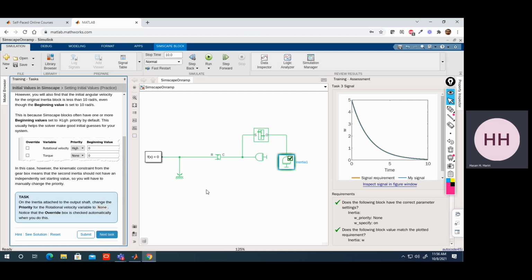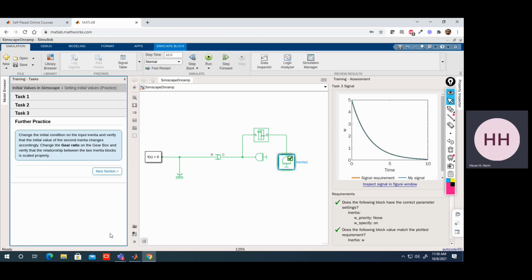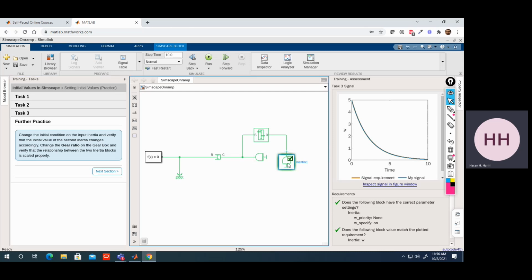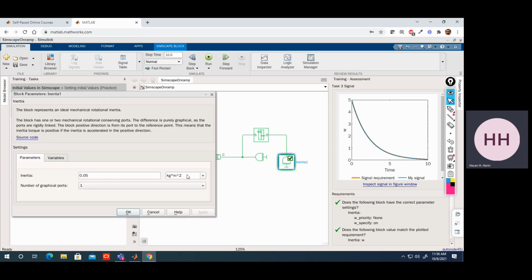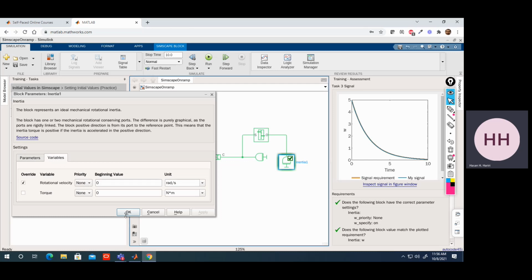Okay, so let's go for the next step. So here, for the output shaft, rotational velocity has no priority.